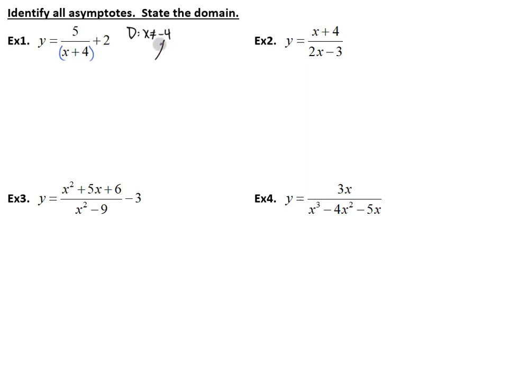Instead, the values that make our denominator 0, if it doesn't cancel out with something in the top, is also a vertical asymptote, which we'll abbreviate VA. So when x equals negative 4, we're going to have this vertical line that my graph will curve away from. We'll look at that graph in a second.